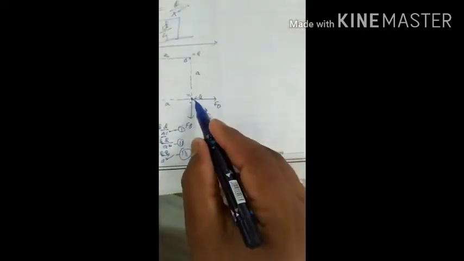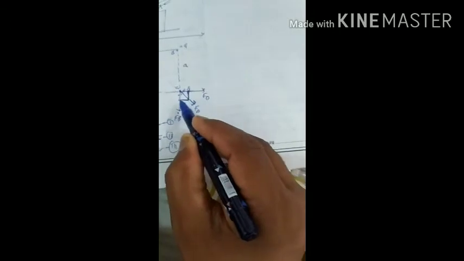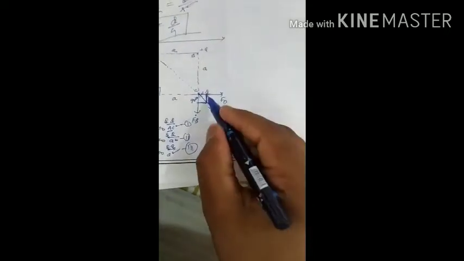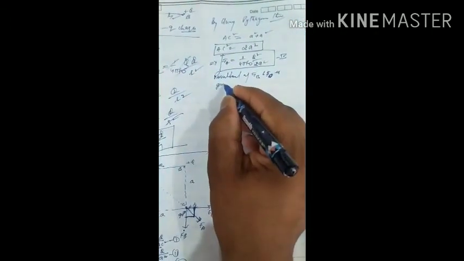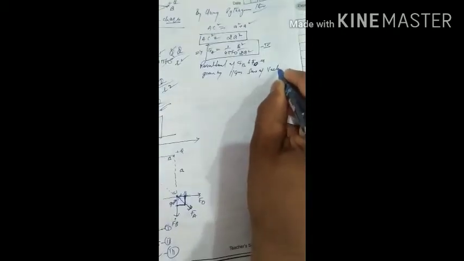Now we have the values of FD and FB, and the angle between them is 90 degrees. So first we will find the resultant of FB and FD, which is given by the parallelogram law of vector addition.